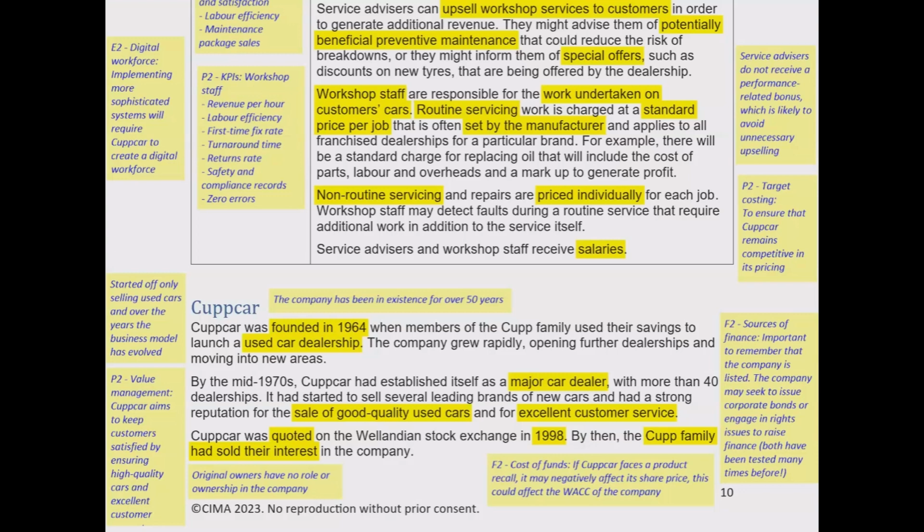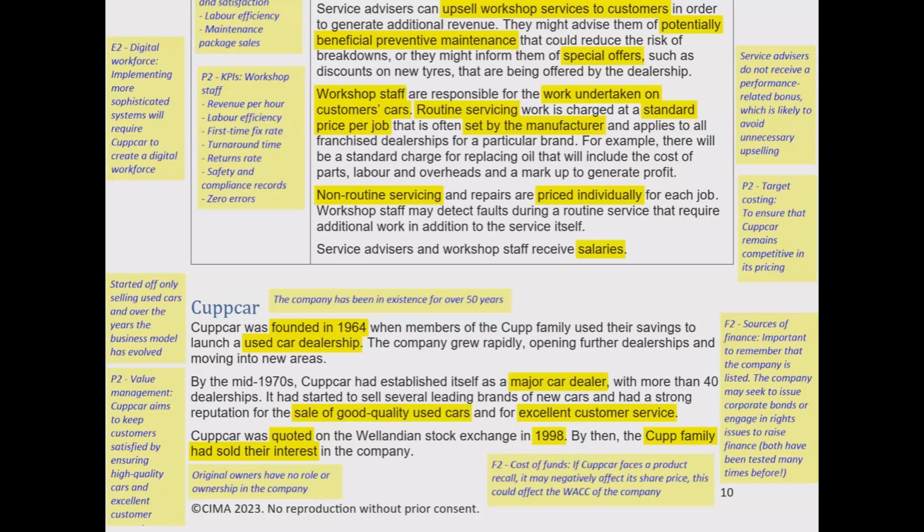Okay then. So now I'm going back again. Any more questions? Would it be possible to have a different price for different branches within Cuppcar for the same model that they sell? Yeah, I think that would be absolutely possible because each dealership can set its own selling price. What would be important for a specific dealership is to look around it. Who are the competitors here?